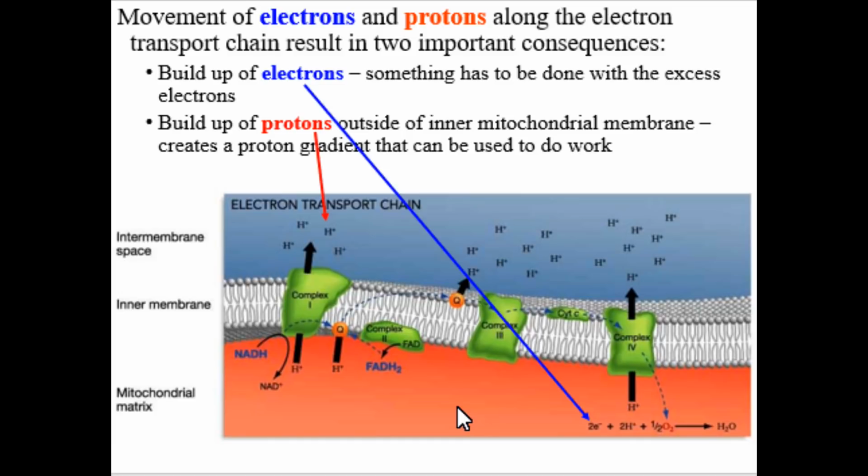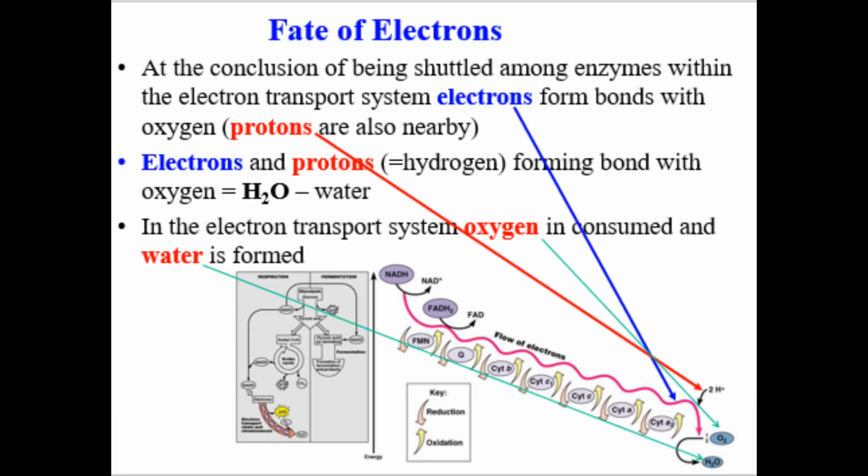It's not stored in the protons themselves, but that potential energy is stored in the concentration of protons, all these protons that are in that blue area in this figure. There's some potential energy there. There's a high concentration here and a low concentration there. We'll see in a minute how this is used.